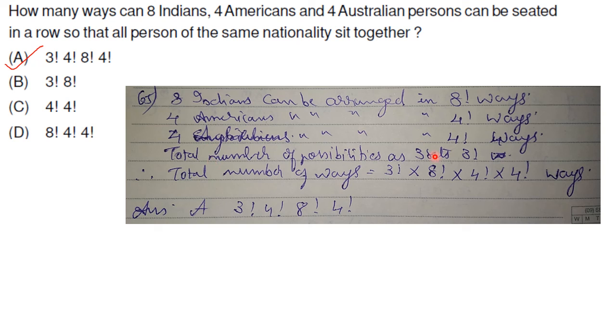So total number of possibilities as 3 sets is 3 factorial, and total number of ways in such a way that persons of the same nationality sit together is 3 factorial into 8 factorial into 4 factorial into 4 factorial ways. So 3, 4, 8, 4. Answer is option A.